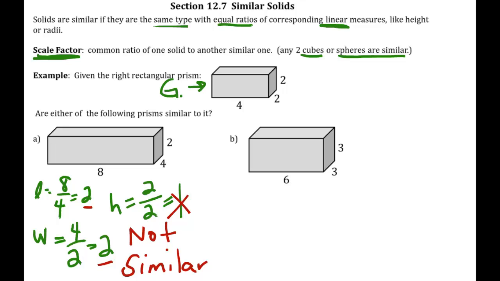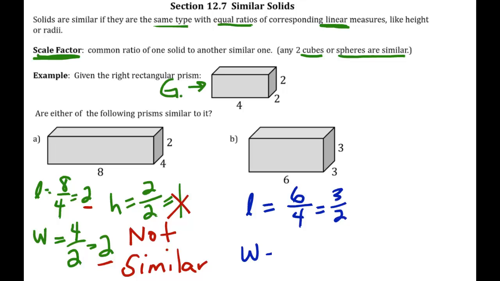Okay, let's look at B, and I'm going to use blue. For B, let's look at the length ratio first. The length of B, 6, over the length of the given, which is 4. That's going to reduce to 3/2.